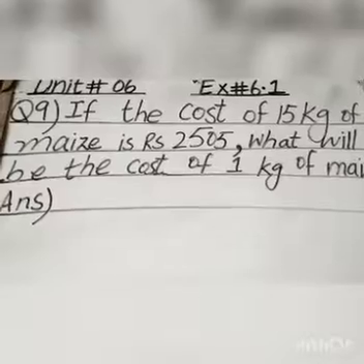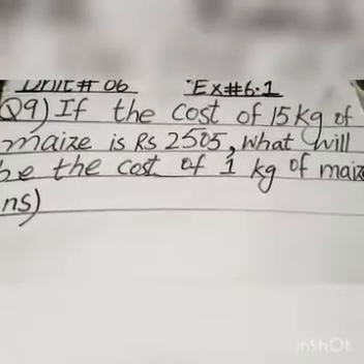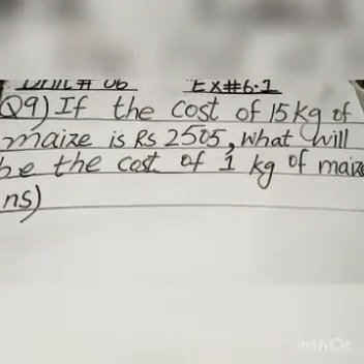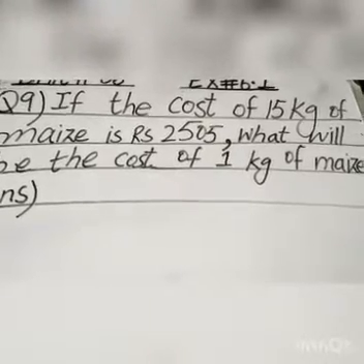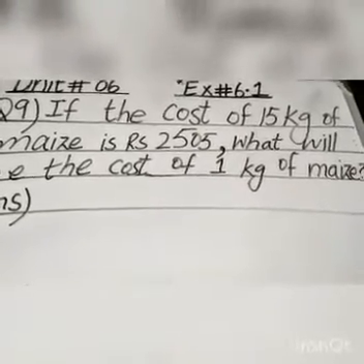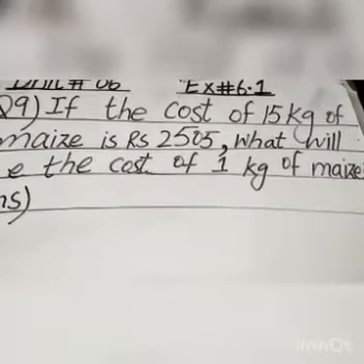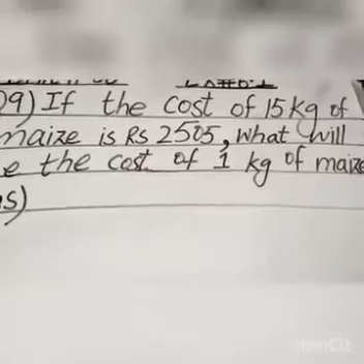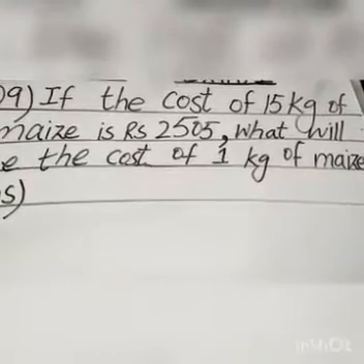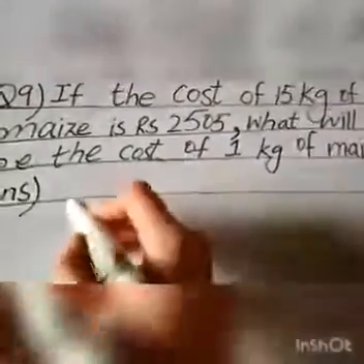Answer. Number 9. If the cost of 15 kg of maize is rupees 2,505, what will be the cost of 1 kg of maize? Class, the cost of 15 kg maize is equal to 2,505. Now we have to find out the cost of 1 kg of maize.